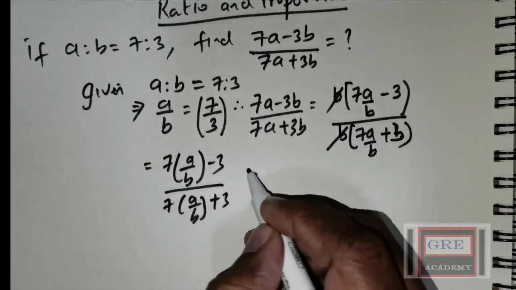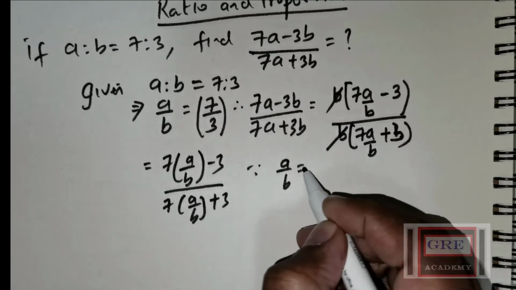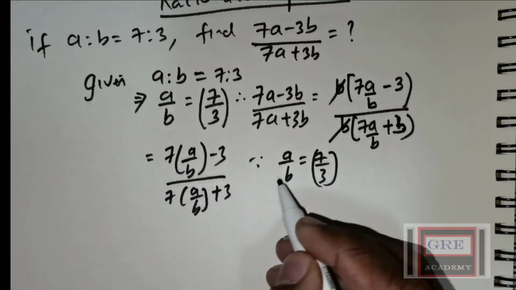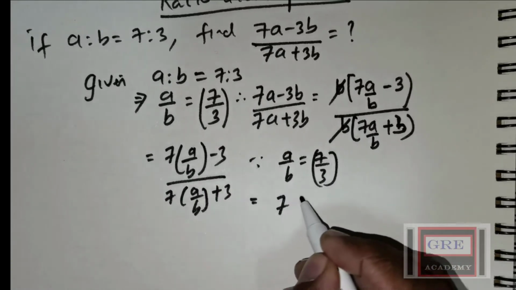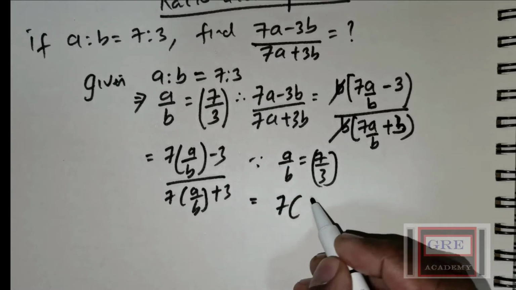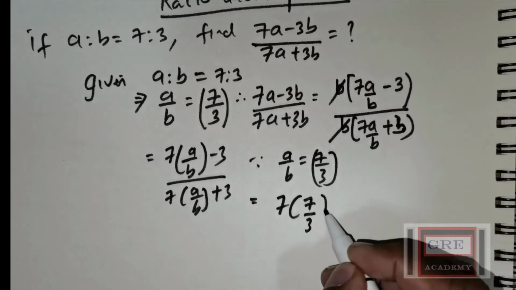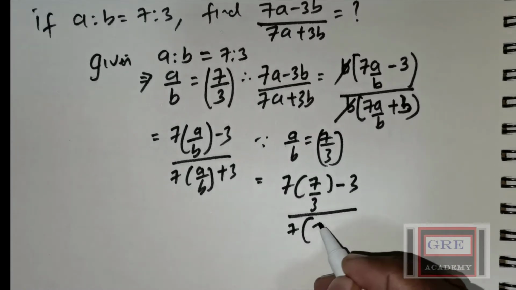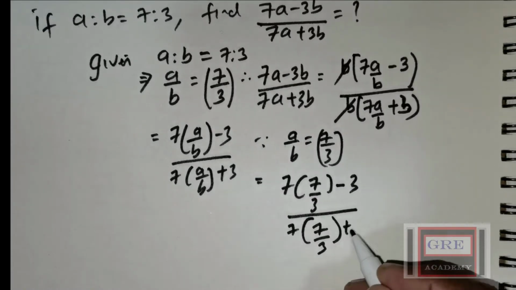Now since A over B is 7 divided by 3, I can rewrite this as 7 times, in place of A over B, I'm going to substitute 7 divided by 3, followed by negative 3, divided by 7 of 7 divided by 3 positive 3.